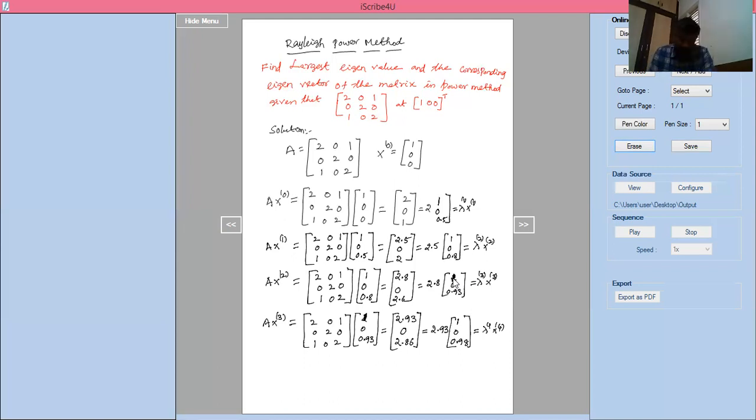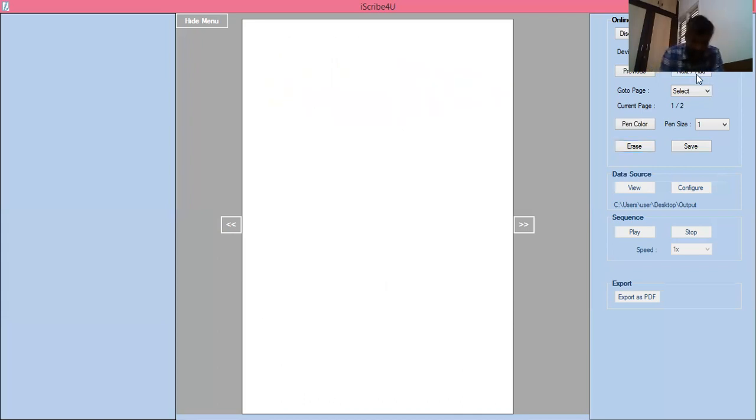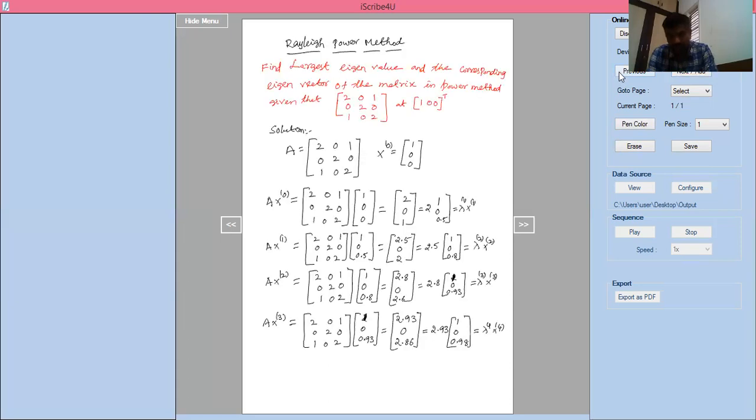Next, similarly, A x5. A x5 is nothing but A into x to the power of 5. A is 2, 0, 1, 0, 2, 0, 1, 0, 2 into x5. If you take the previous one, x power 5 should be 1, 0, 0.98.